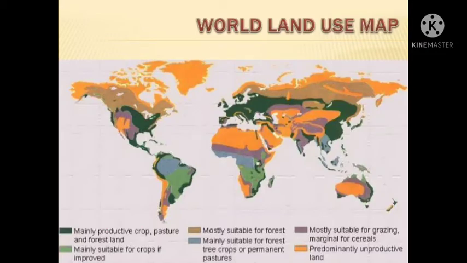Students, how do we use land? If we represent all land use on a map of the world in terms of continental areas, it would look something like this map.